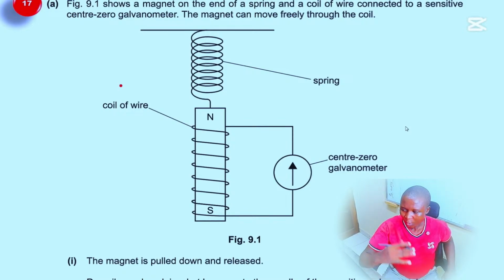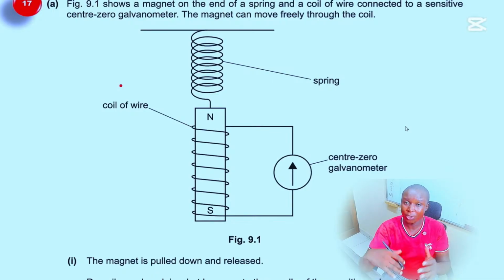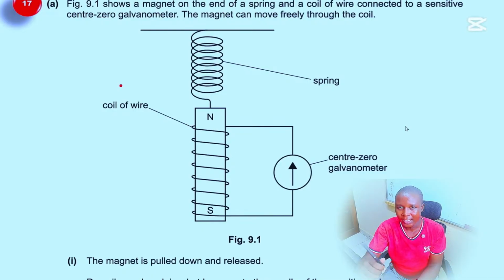So what will happen to the center zero galvanometer? When this magnet moves within the coil, the magnetic fields are going to cut across the coil, inducing an EMF. This EMF will result in a flow of current. Hence, the galvanometer is going to deflect.